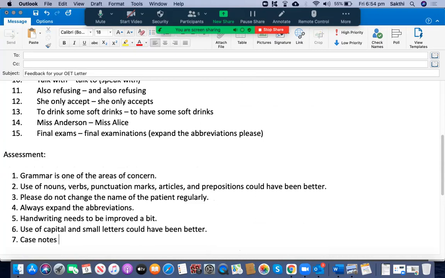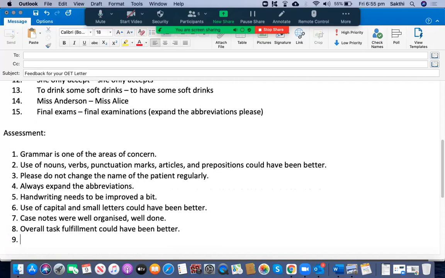Case notes were well organized. I'm happy with the way you have organized it. Well done. Overall task fulfillment could have been better. What else? Vocabulary is another problem area.